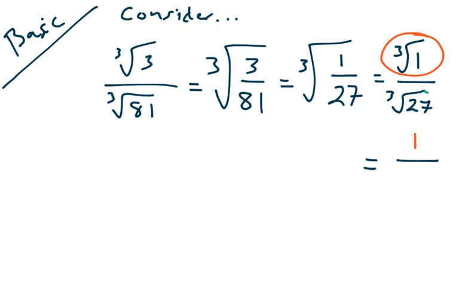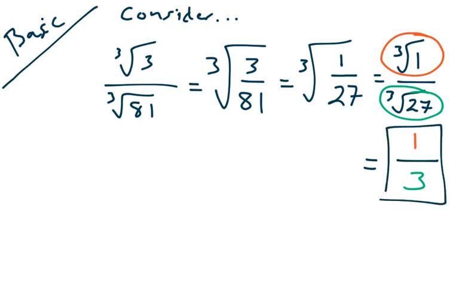But how about the cube root of 27? Now you're looking for three numbers that multiply to be 27, and we've known those three numbers to be 3. So we're able to simplify this to be 1/3. Notice that there's no radical in my final answer. I also have made it into smaller numbers, so it is simplified.